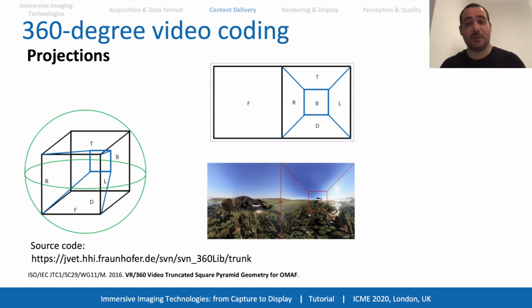For compression, one solution is to use viewport-based representations to have a cost-effective solution. On this slide, you can see truncated pyramid projection. In this representation, the overall bitrate is reduced without decreasing the quality of the viewport.